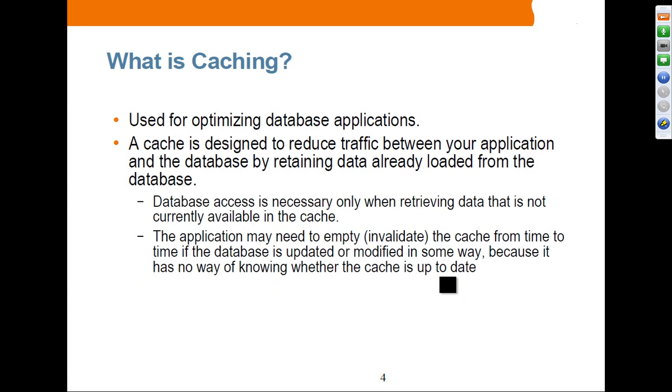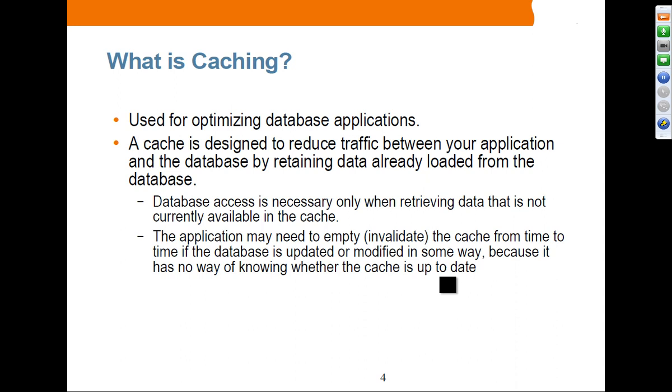So what is caching? Caching, obviously, is for optimizing database applications. It's basically for reducing traffic between your application and the database by caching the data that has already been loaded from the database. Database access is required only when retrieving data that is not currently available in the cache.